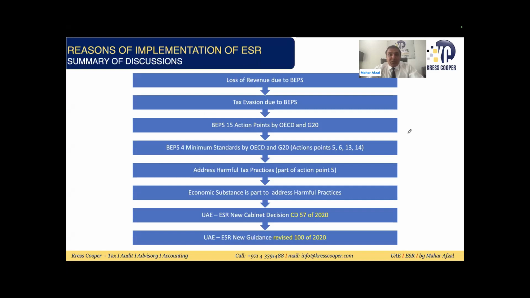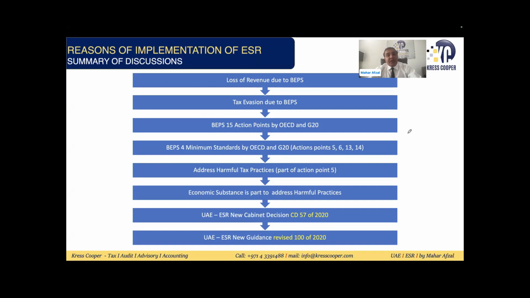So we can summarize the reason for the implementation of ESR in the UAE. There was a loss of revenue of 240 billion dollars due to BEPS, base erosion and profit shifting. Tax evasion was there, and the 15 action points were given by the OECD and recommended by the G20 countries.